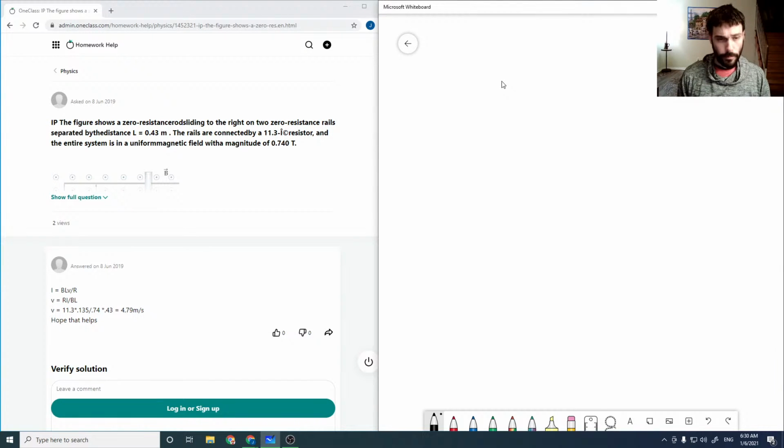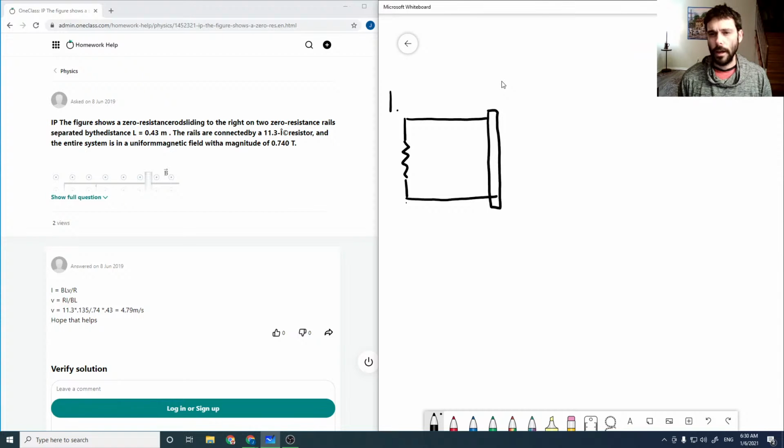So here's our first one. It doesn't show the figure, but I'll just draw it. In the figure, we have a resistor attached to a circuit with a bar that is able to slide over it without any resistance.